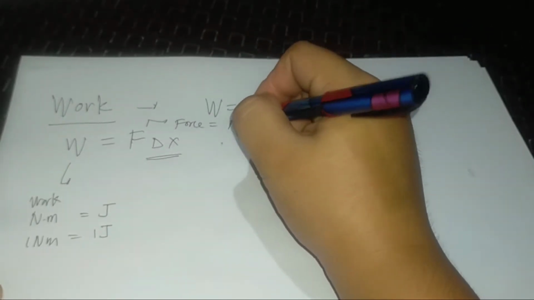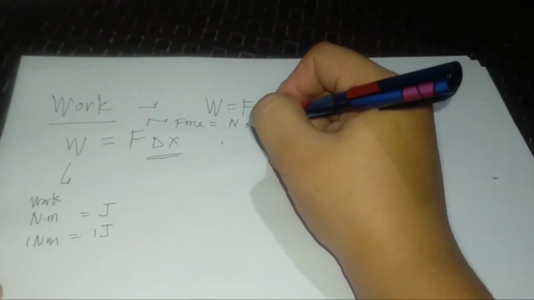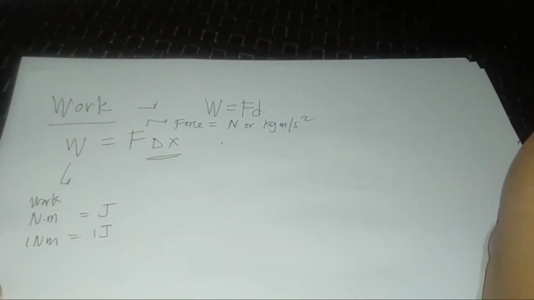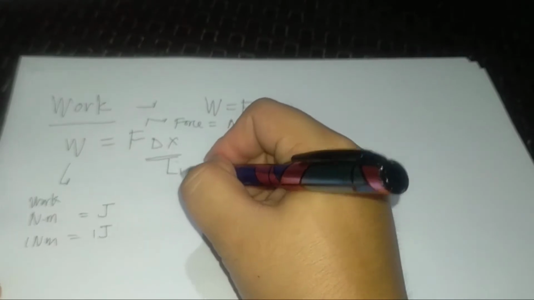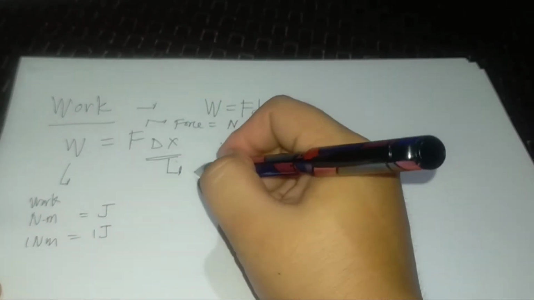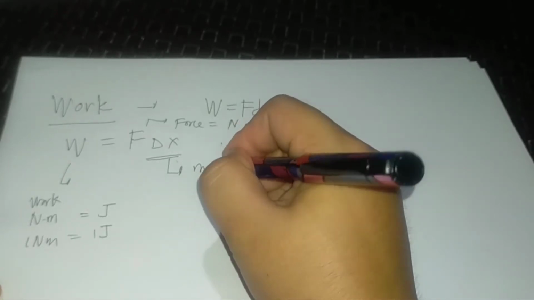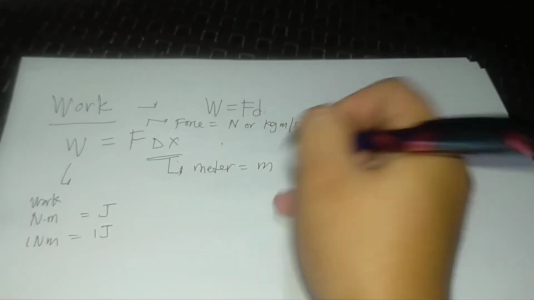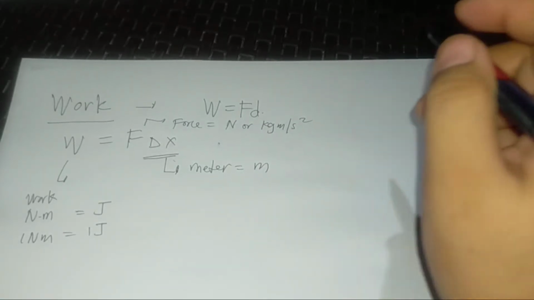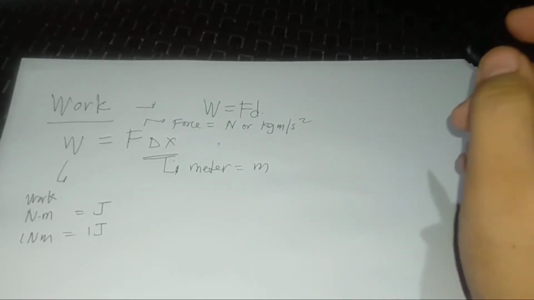Force is measured in Newton, or kilogram meter per second squared. And lastly, delta X, or displacement, is measured in meters, with a small letter m. So that is all about the variables or quantities under work.